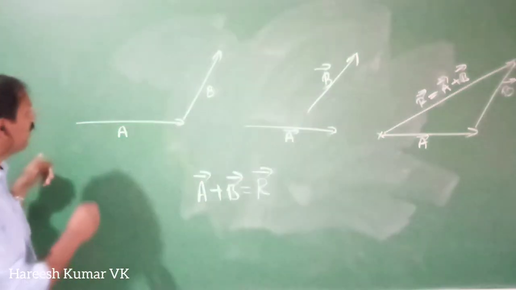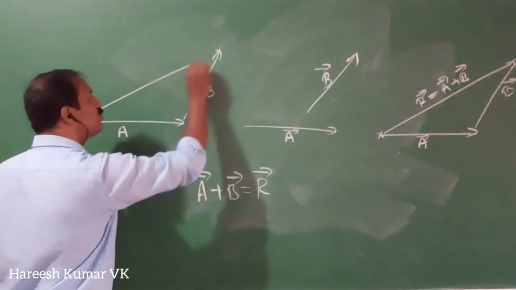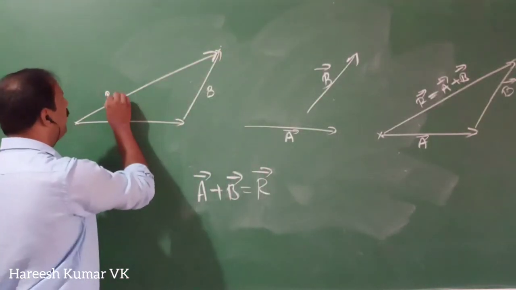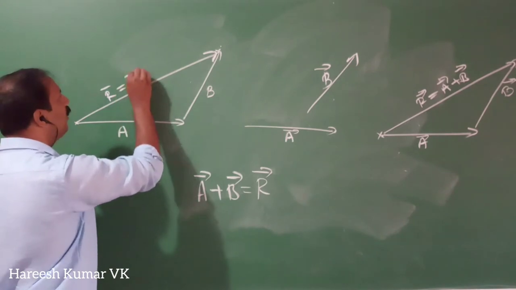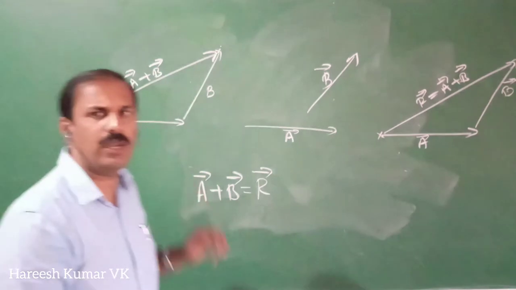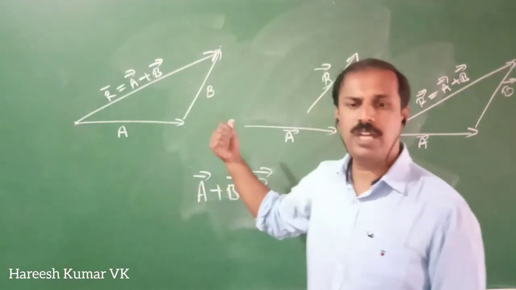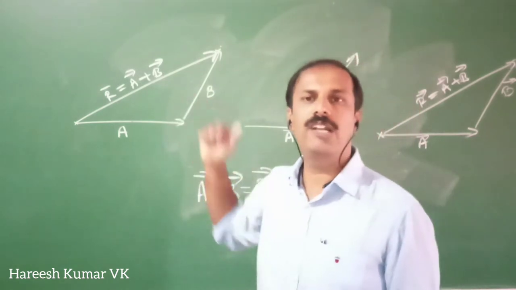Now a new vector from the tail of A to the head of B, this one. This is the resultant vector R, which is equal to vector A plus vector B. So this method is called the triangle method of vector addition, or head to tail method.